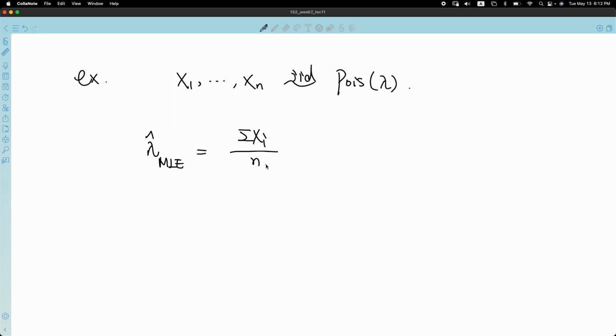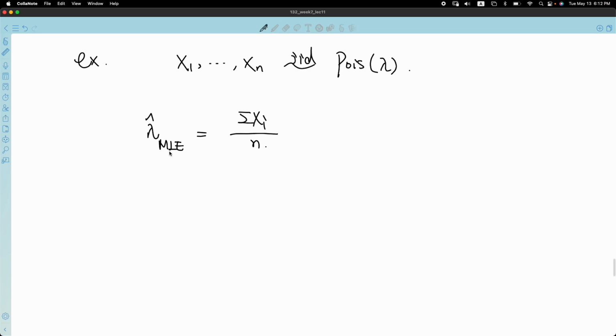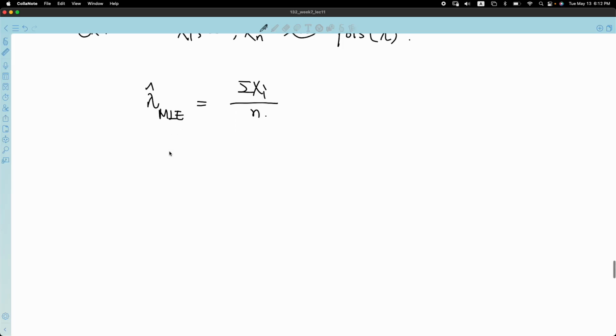Okay, so we solved this through the maximum likelihood estimation. And we also said that this is intuitive because the expectation of a data point is equal to lambda. So it's very intuitive that you have the average as your estimator for the parameter lambda. Okay, so that is what we did in the previous lecture.